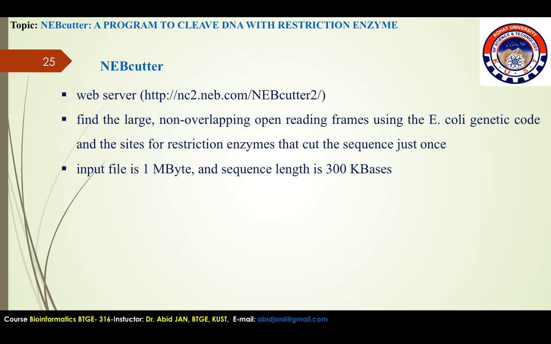By default, only enzymes available from NEB are used, but other sets may be chosen. You just need to enter your sequence and submit. Further options will appear with the output, and the maximum size of the input file is 1 megabyte, and the maximum sequence length is 300 kilobases.